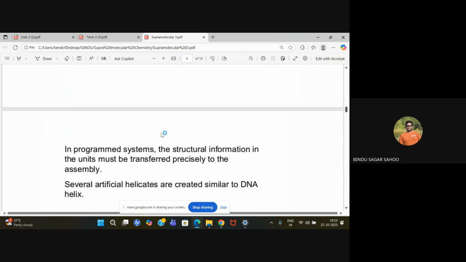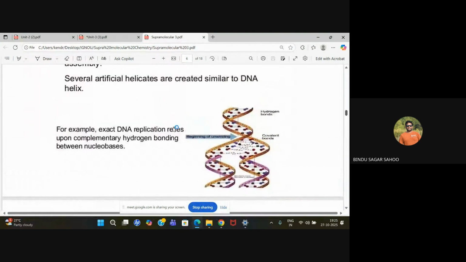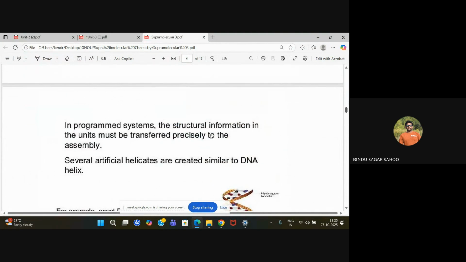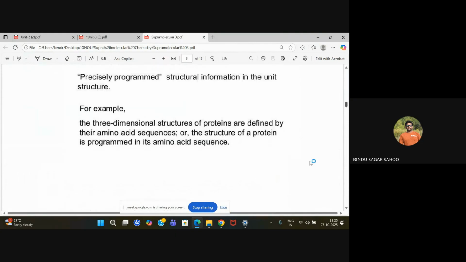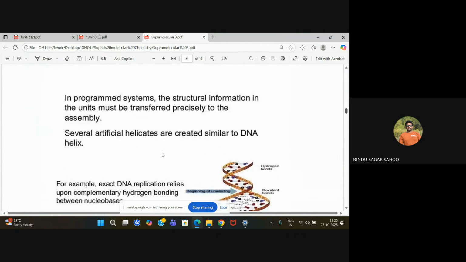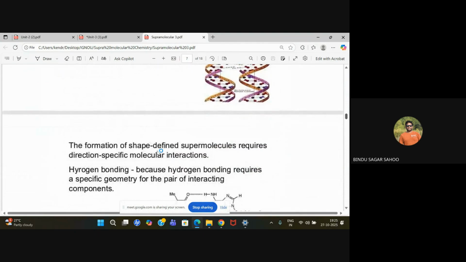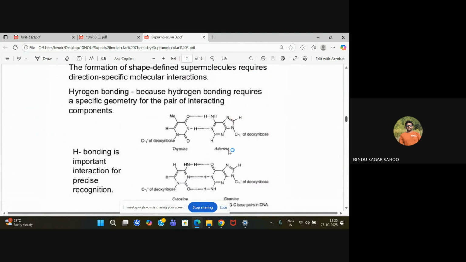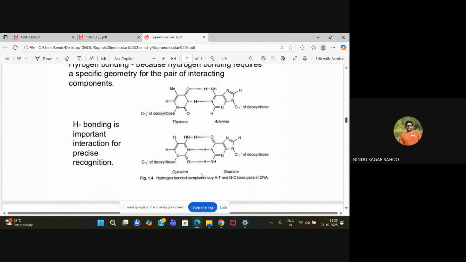So in DNA, you can see here this particular base can combine with this particular base of this other strand. You can see here thymine can only combine with adenine by two hydrogen bonds. And cytosine can combine with guanine by making three hydrogen bonds.